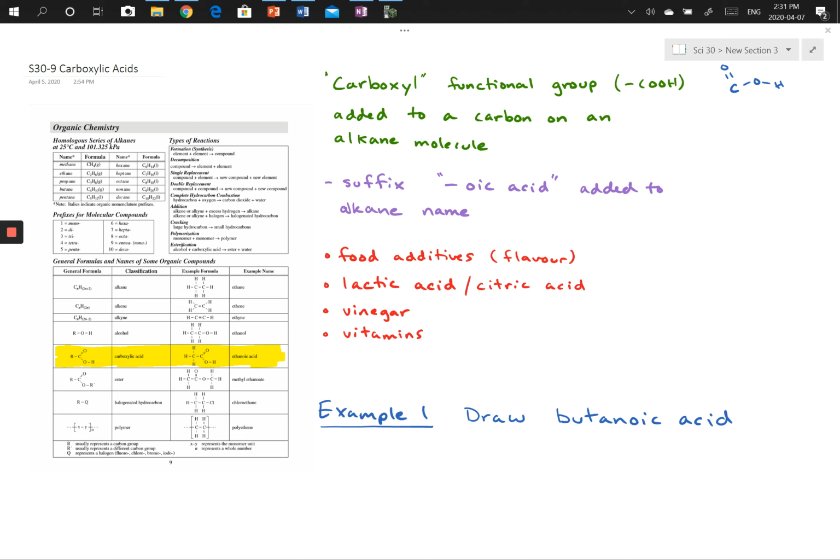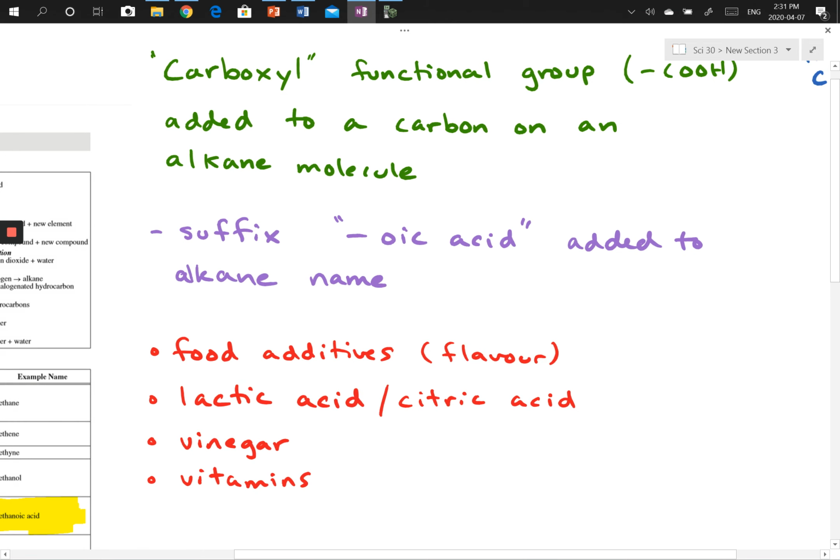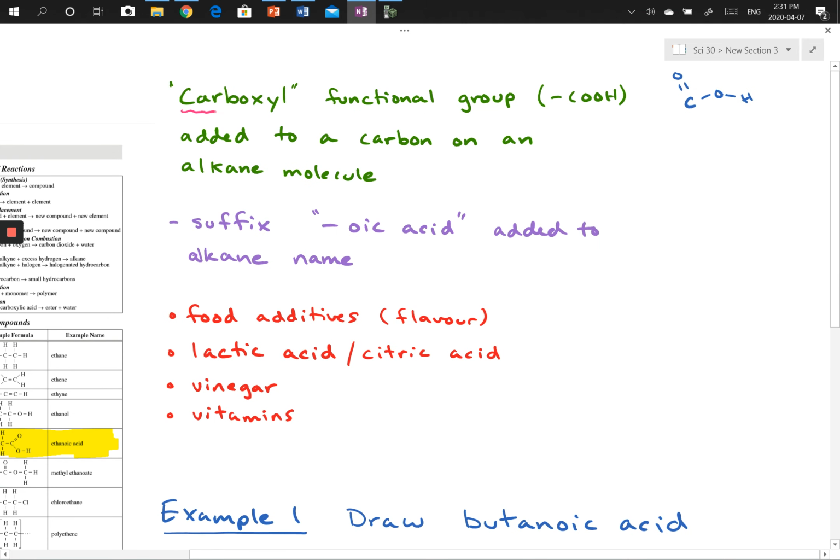The functional group is called a carboxyl group. This one is a little bit different than something that we've done before, and we're going to see that with a COOH. You might have seen chemical formulas that end with a COOH.